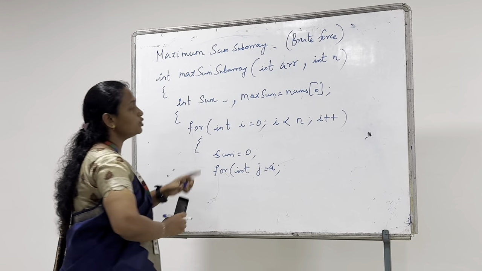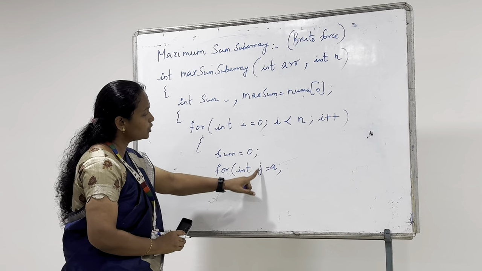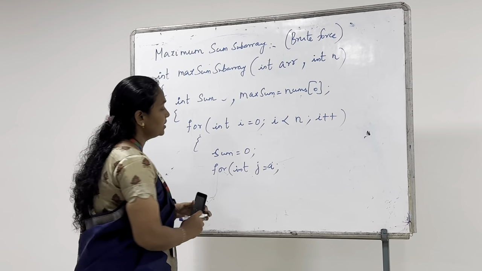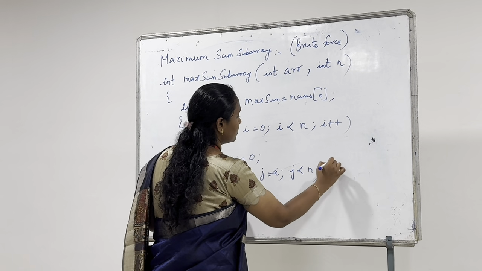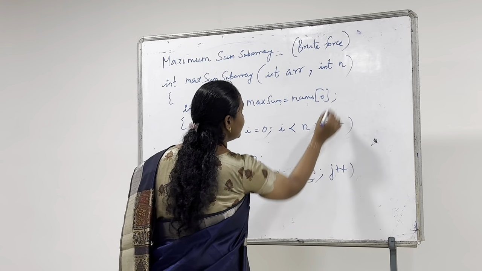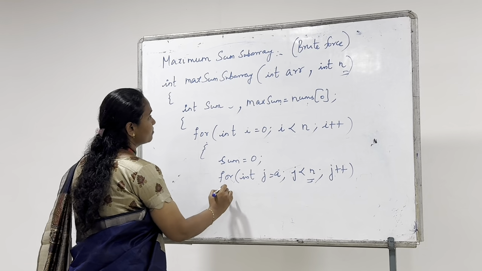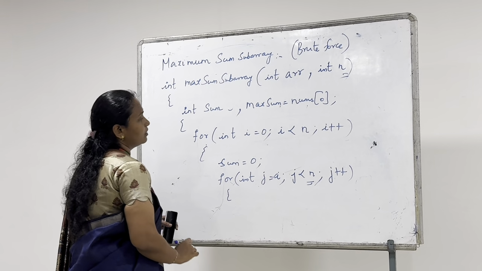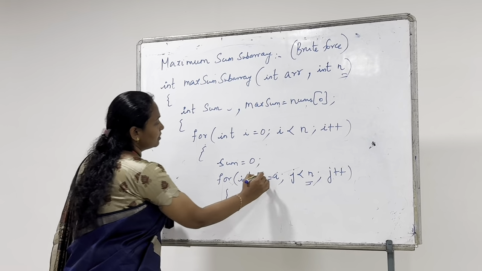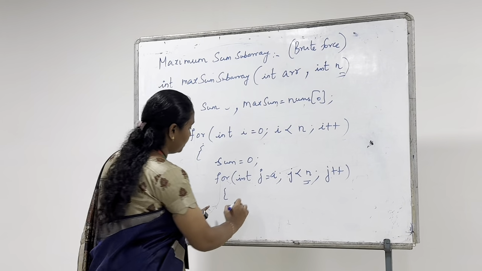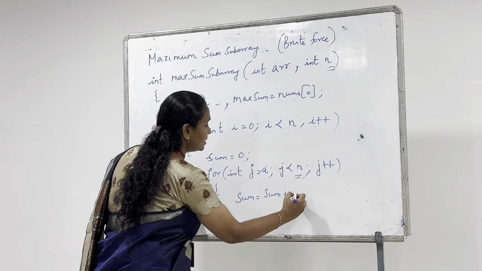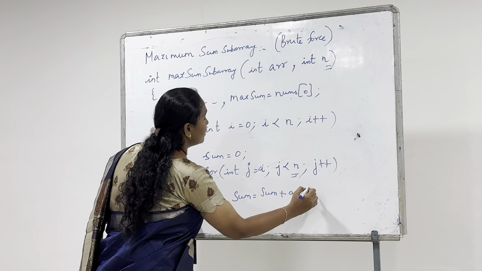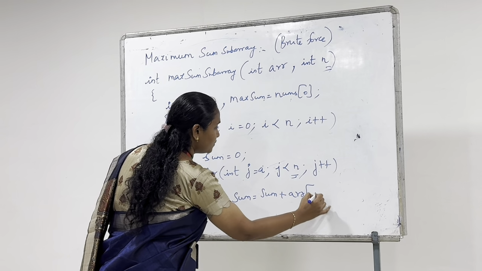So the next loop should start from i, j less than n, j plus plus. Here n is the number of elements. Okay. So here we need to compute the sum. Sum is equal to sum plus ARR of j, where ARR is the array name.